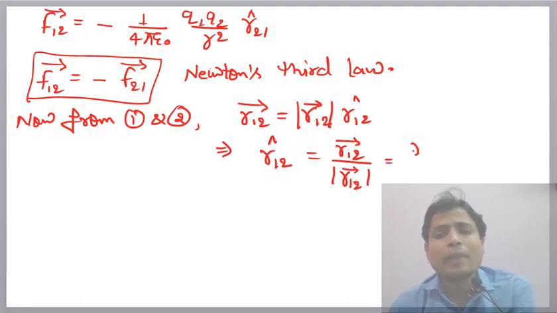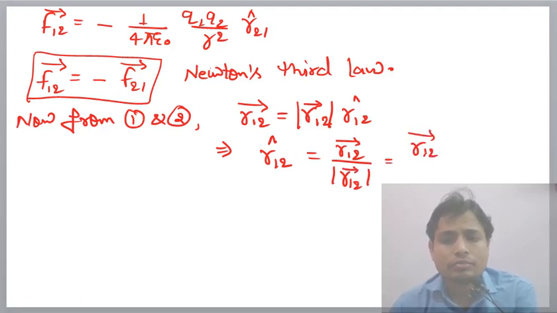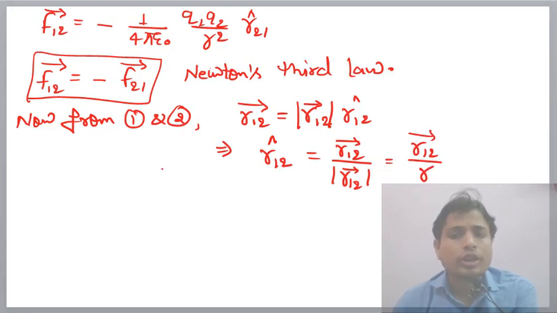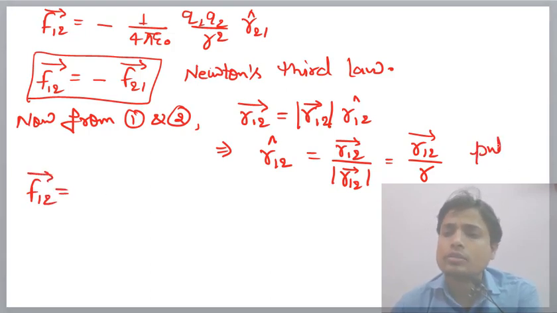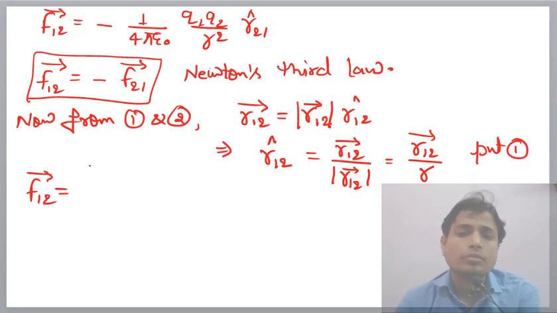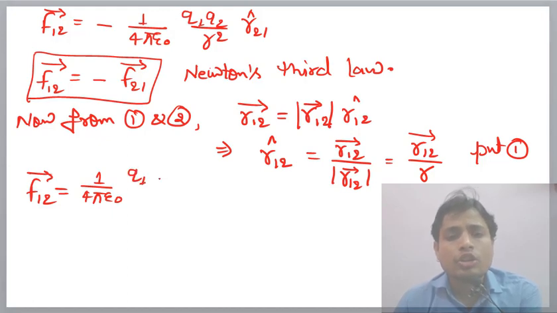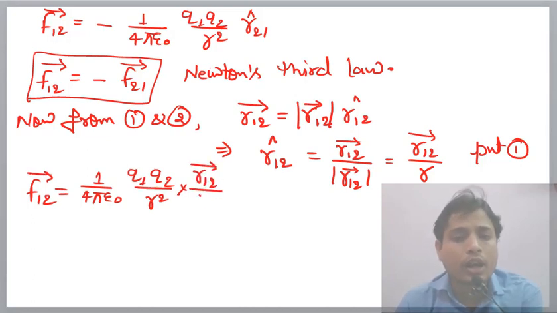Let the magnitude be r. Then, putting this in equation 1, f12 is equal to 1 upon 4 pi epsilon naught q1 q2 upon r square, and in place of r12 cap we write r12 vector upon r.